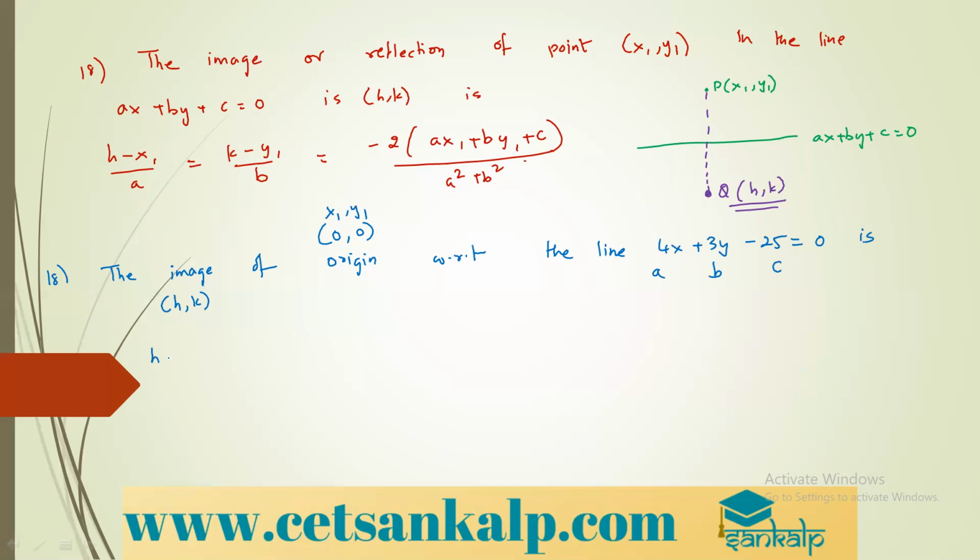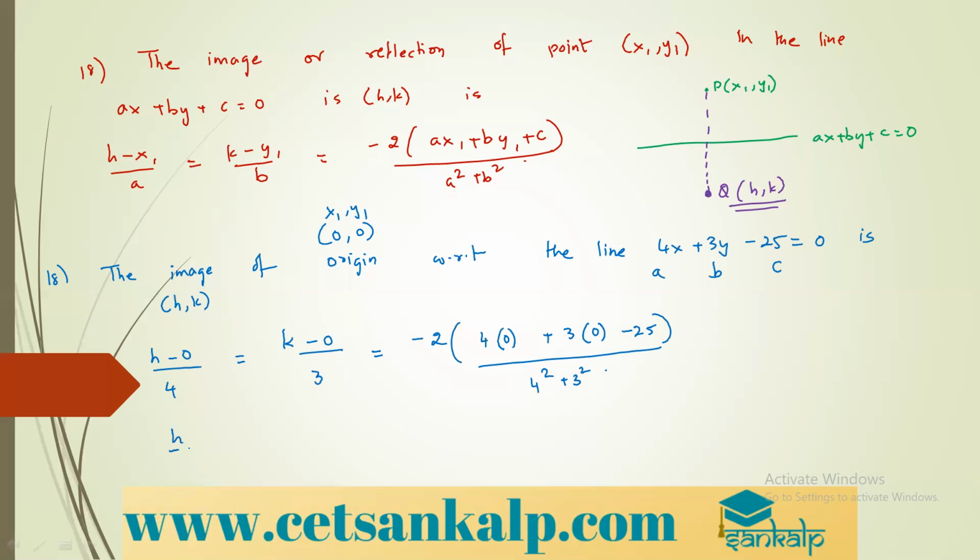H we don't know, minus x1 is 0, by a is 4, equal to k we don't know, minus y1 is 0, by b is 3, equal to minus 2 into a, that is 4 into x1 0, plus b, 3 into y1 0, plus c, minus 25, by a square plus b square.